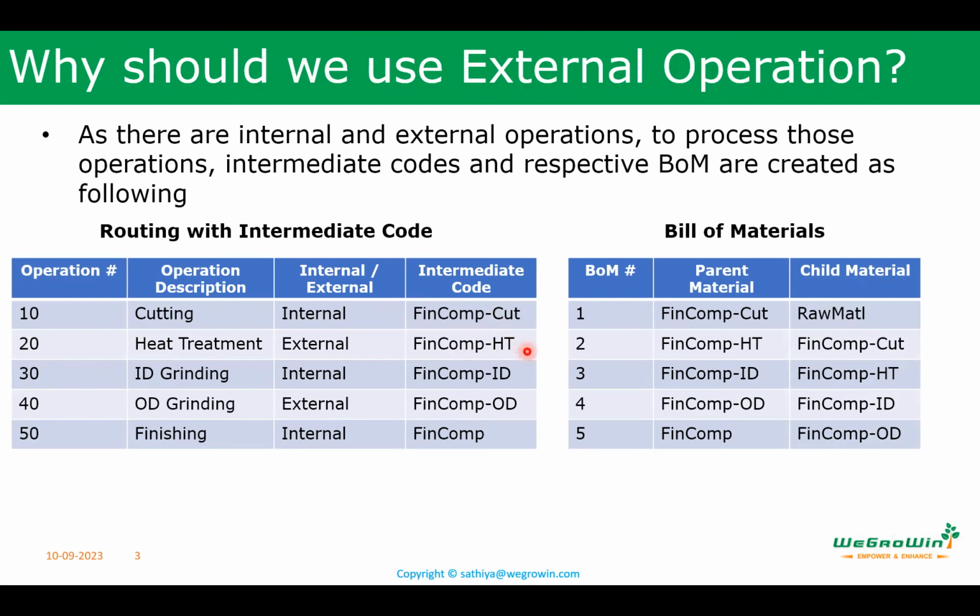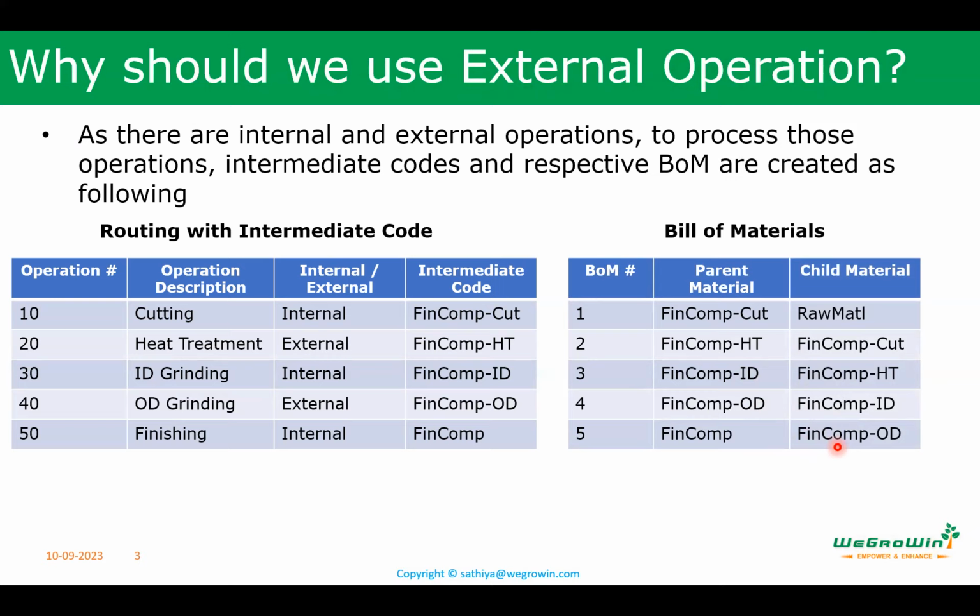I will get the heat treatment component. The heat treatment component, I will use internally with one production order. Get the internal component. Like this, I will proceed. Also, I will create 5 BOMs. To get a component cut, I will use raw material. For heat treatment, I need a component cut. For ID, I need heat treatment. For OD, I need ID. For finished component, I need OD. Like this. Is it clear?